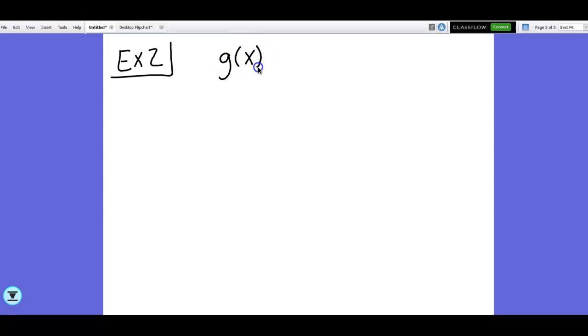Let's say g of x is equal to 2x squared minus 3x plus 1. And I want you guys to use the limit definition once again to find the derivative. Now, we could find the derivative really quick if I just wanted to use a shortcut, but we're going to use the limit definition of a derivative.